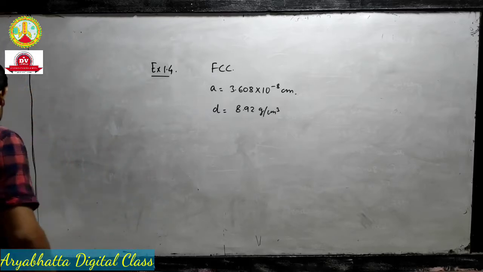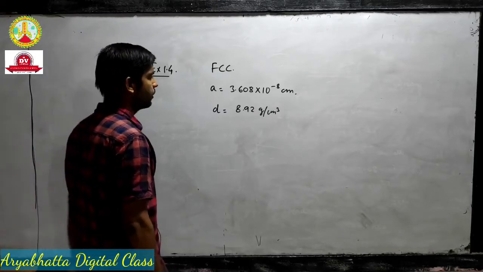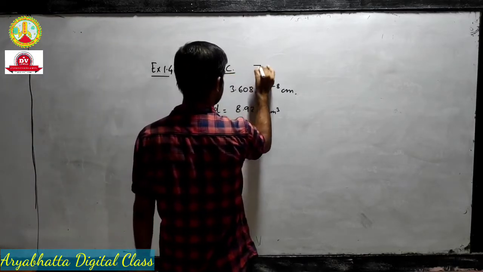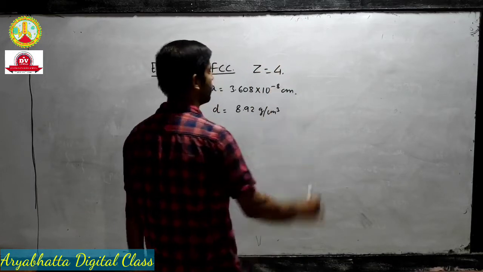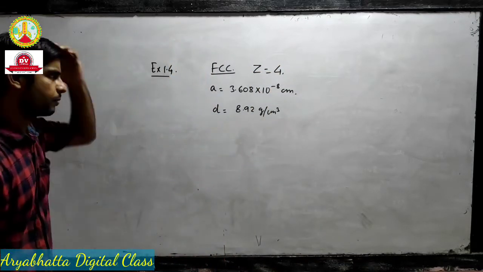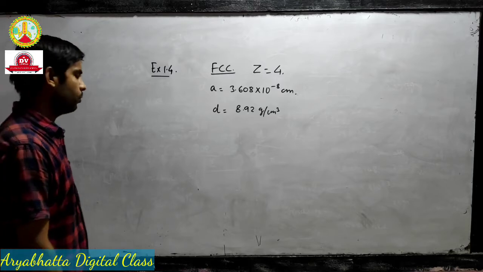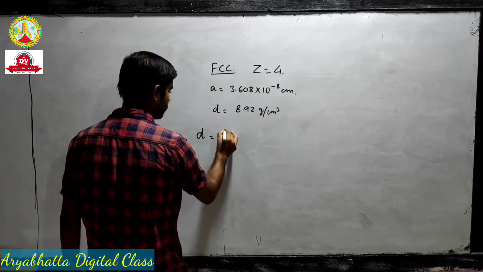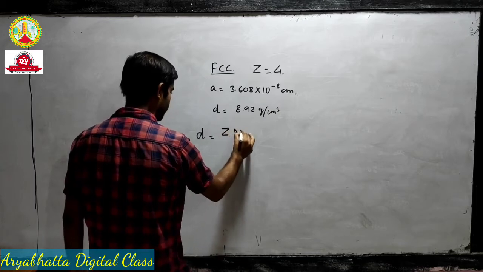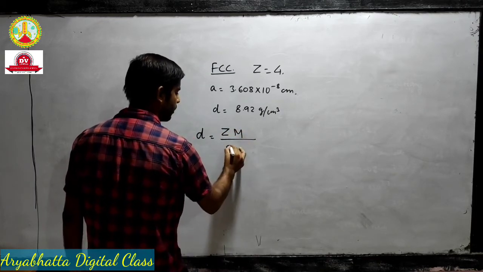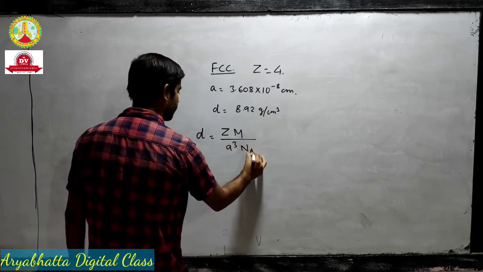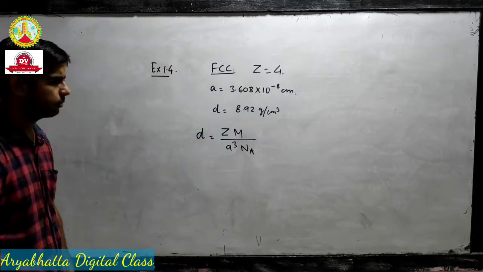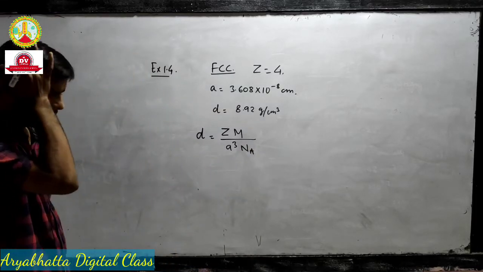Now, since it is FCC, Z will be 4, the number of atoms per unit cell. For density we have the formula d equals Z M by a cube into Na. We know this formula.